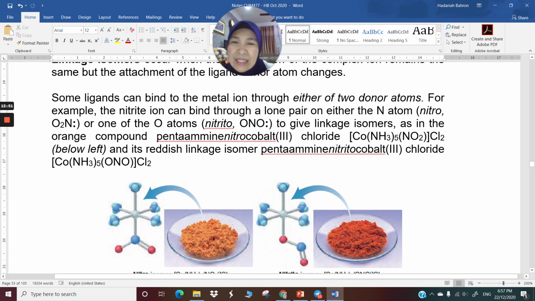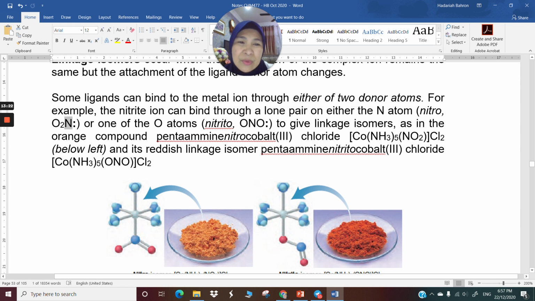Some ligands can bind to the metal through either of two donor atoms. For example, the nitrite ion can bind through a lone pair on either nitrogen, when we call it nitro, or oxygen, when we call it nitrito. So NO2 can either bind through oxygen or through nitrogen.